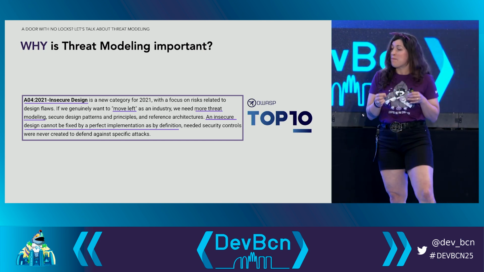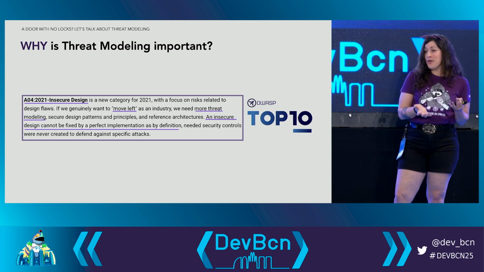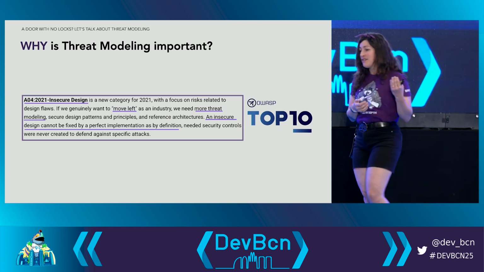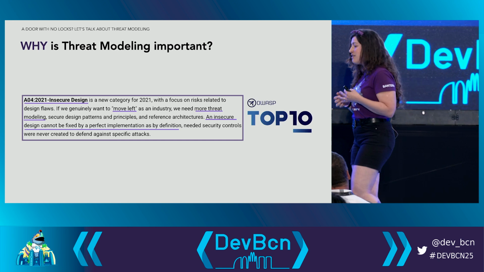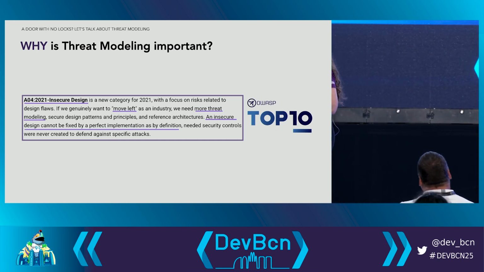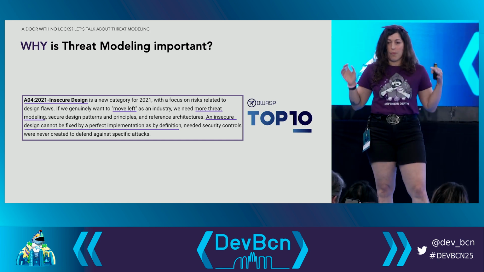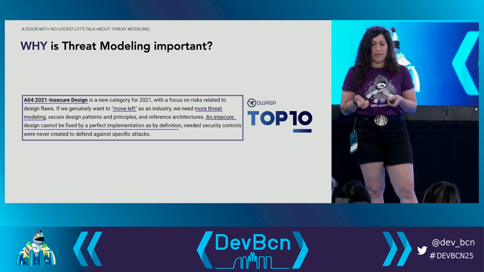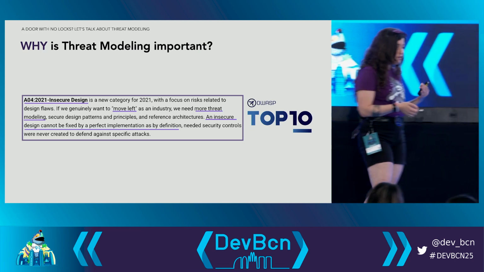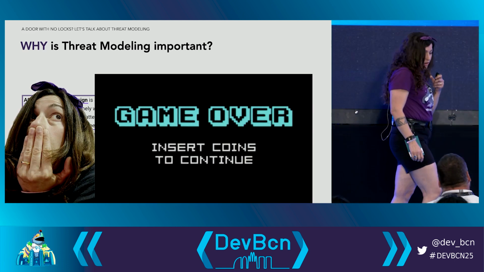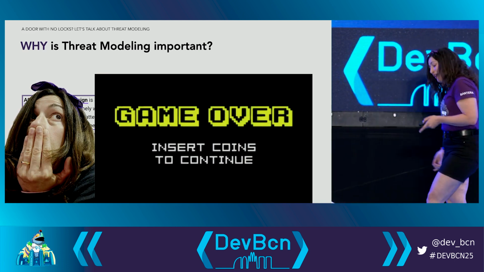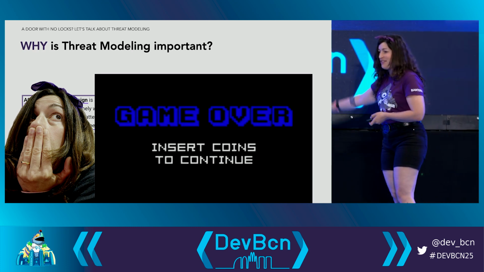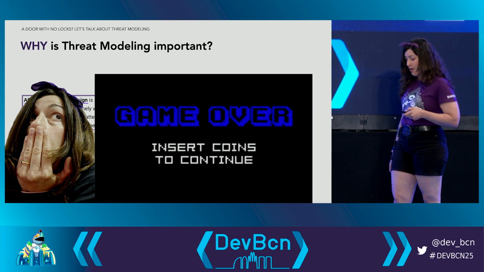So, OK, one big solution for that is moving left, left, left, and starting the development lifecycle by applying threat modeling in the design phase. And then you keep checking. OK, so if you don't do that, maybe you face this. It's game over for you at some point.